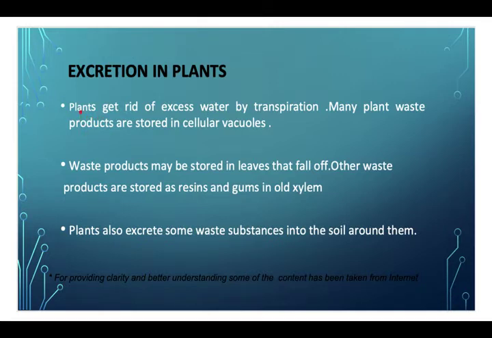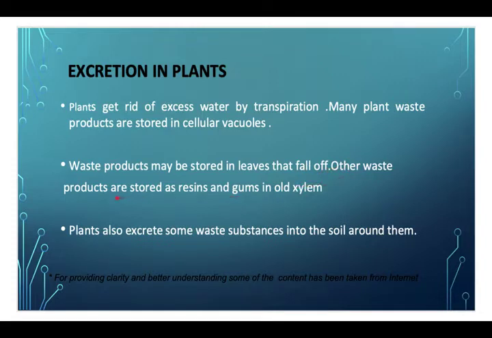For example, one of the ways is that plants get rid of excess water by transpiration, and in many plants waste products are stored in cellular vacuoles. Waste products may also be stored in leaves that fall off, and with their falling off, that excretory waste is also released or excreted from the plant body.